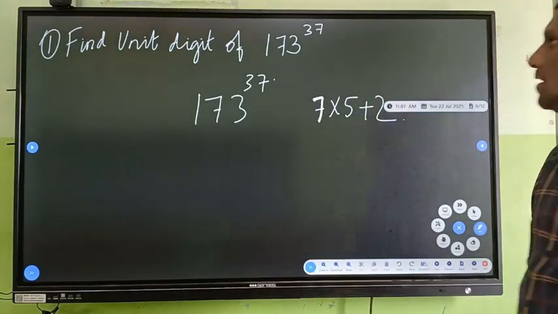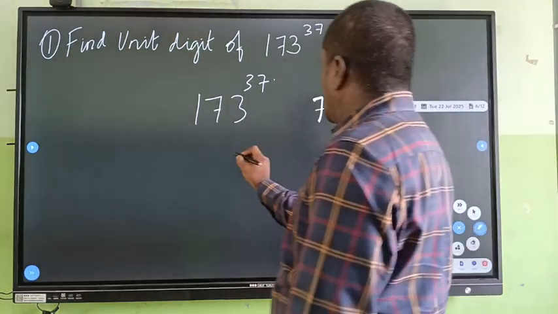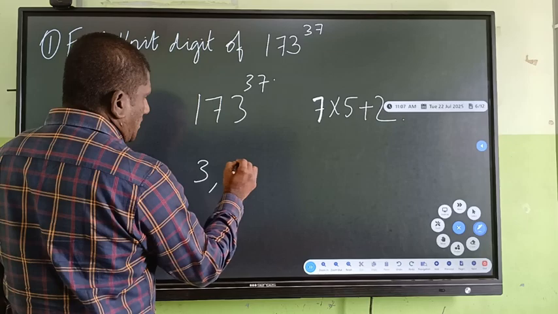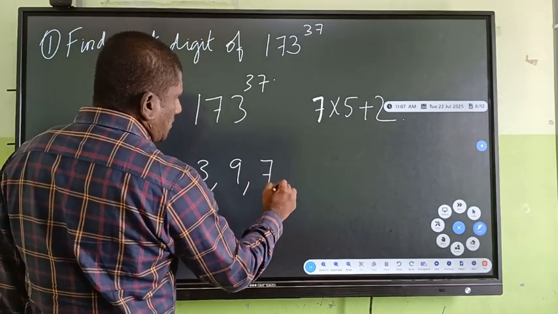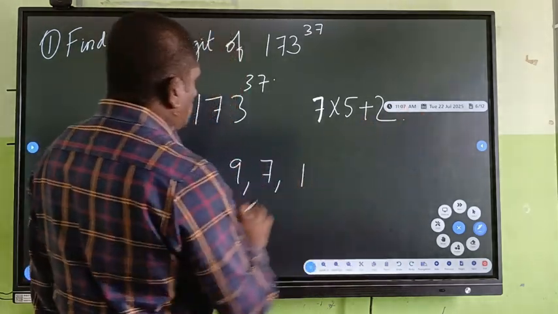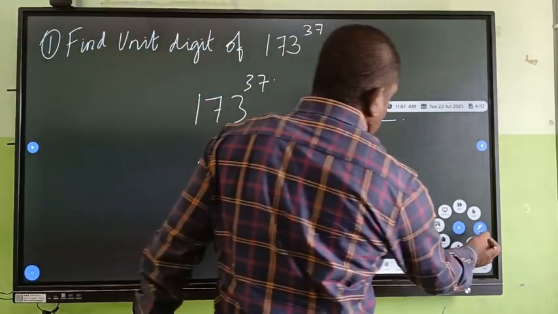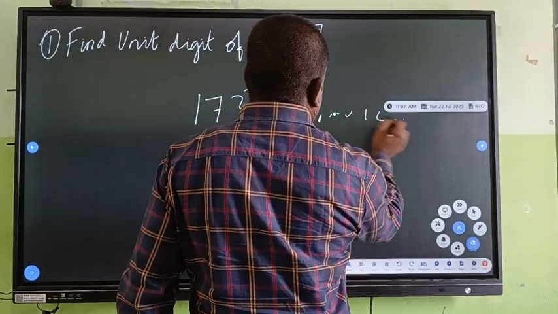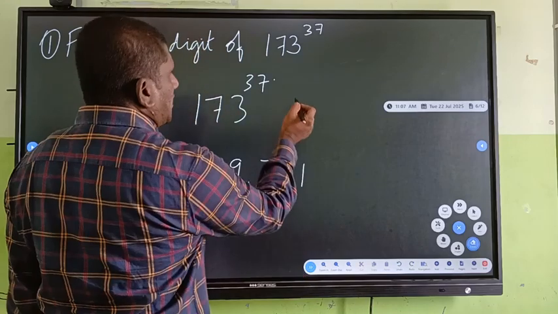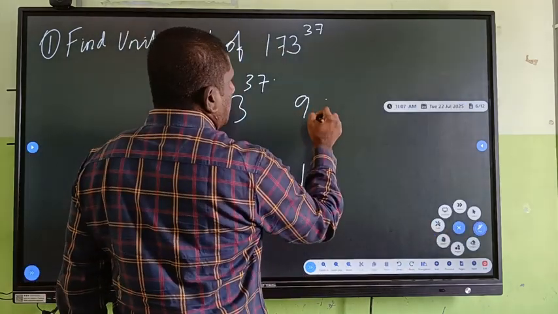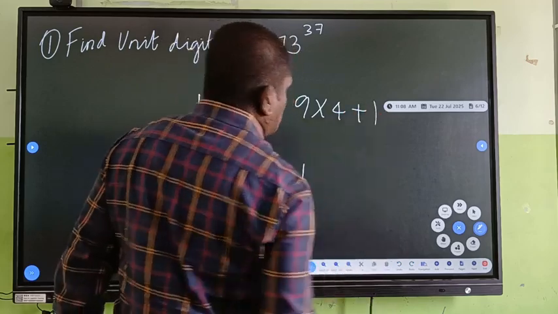So what is the cyclicity of 3? You know that 3 has the cyclicity of 4 numbers: 3, 9, 7, 1, and then again 3 will come. So 37 can be written as 9 into 4 plus 1.